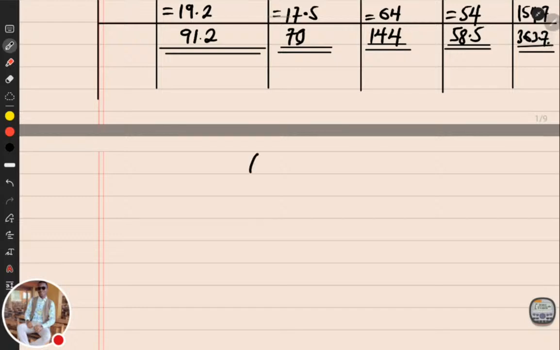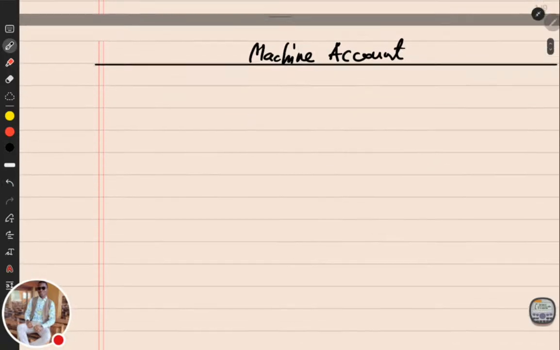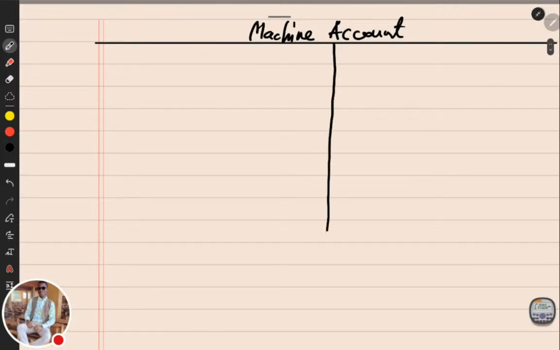So let's say we have machine account, before we jump to the depreciation side, that provision for the depreciation. So machine account, let's introduce our T account coming up here. For the relevant years, it starts from 2019 to that of what? 2021.